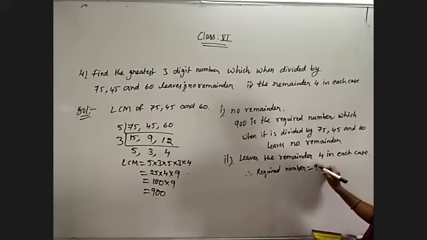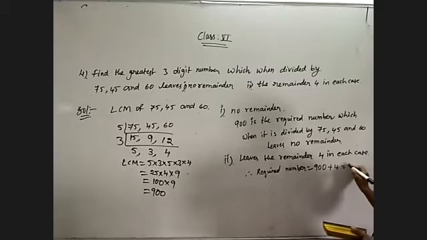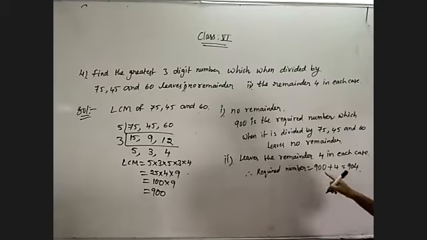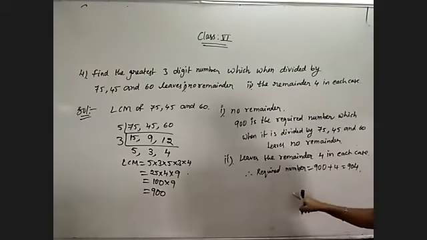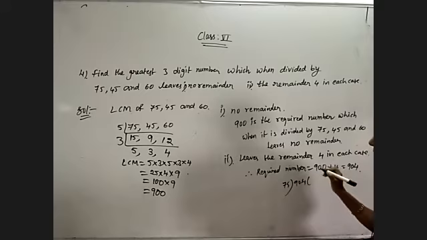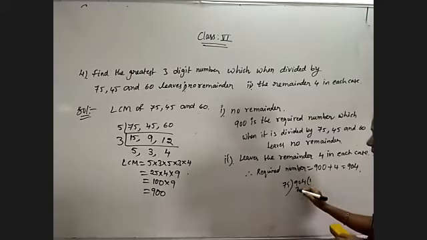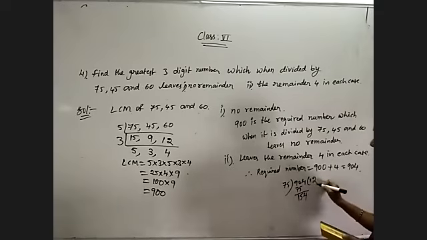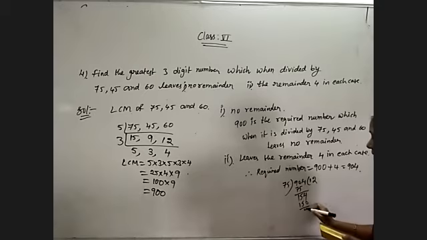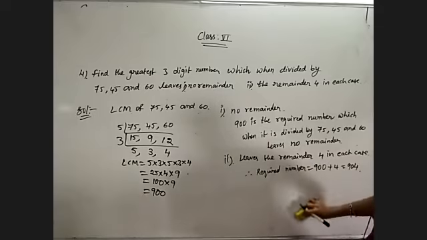If I take LCM plus 4, I will get 904. Now divide this 904 by 75. Compulsorily I will get the remainder 4. 75 ones are 75, 90 minus 75 is 15, bring down 4, 75 twos are 150. Remainder is 4. Check with the other numbers also. In all those cases we will get the remainder 4.